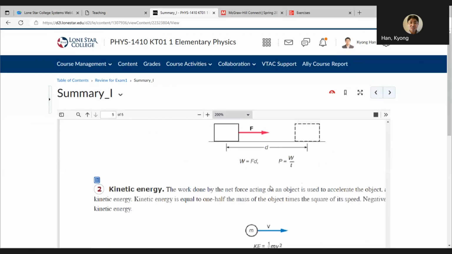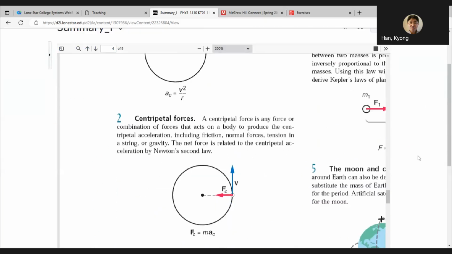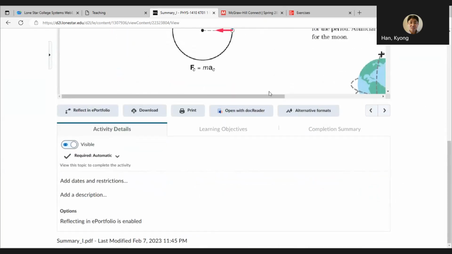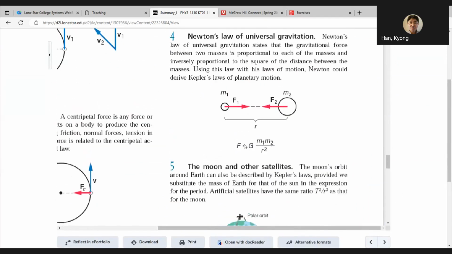Let me show the formula sheet. Here, G equals 6.67 times 10 to the minus 11. Anyway, we may use this formula.